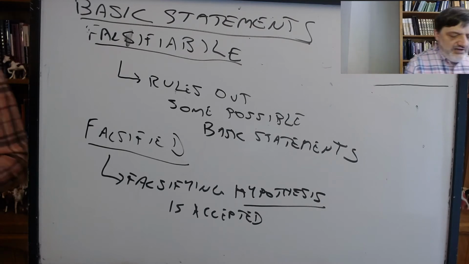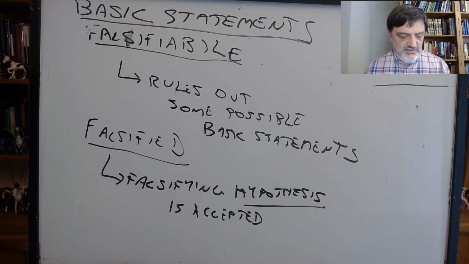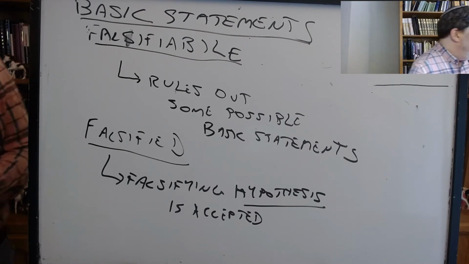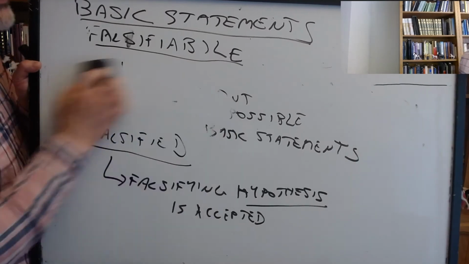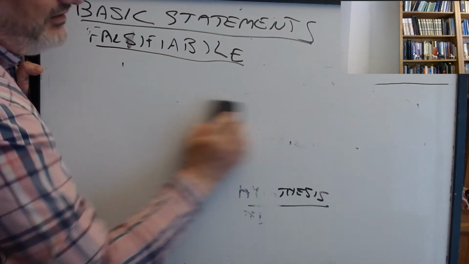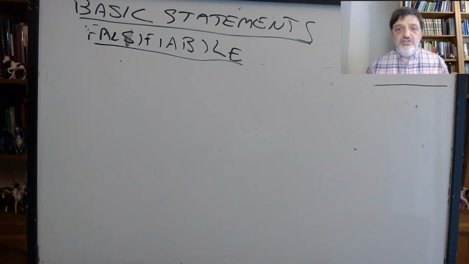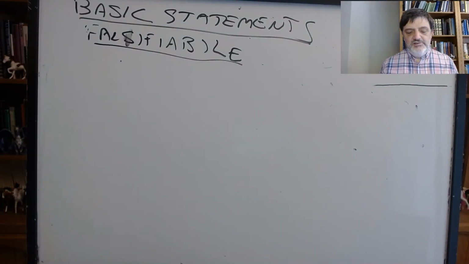Okay, so now I'm going to talk about each of these two things separately. But to begin with, and this is basically the way Popper organizes it as well, I'm just going to talk about the logical situation. Why do I say just the logical situation?